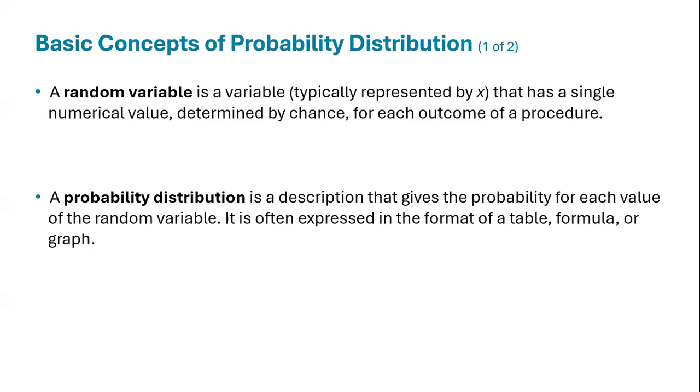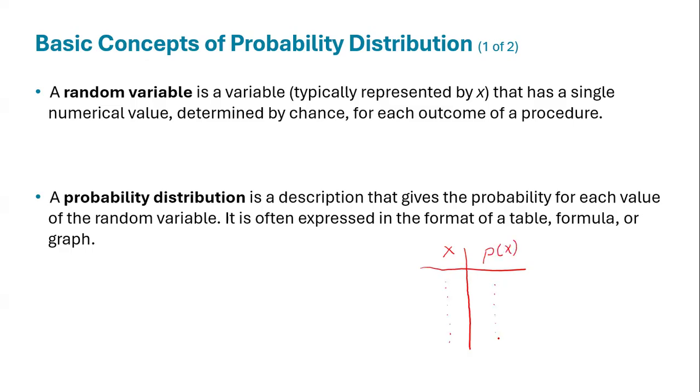When we talk about the probability distribution, a probability distribution is a description that gives you a probability for each value of the random variable. So that means in any probability distribution, we have a random variable X, and for each value of the random variable X, we have a probability.